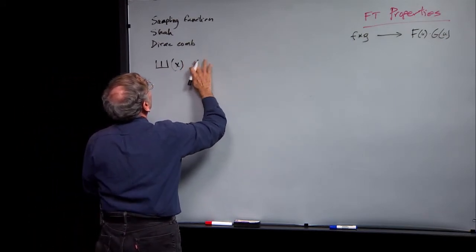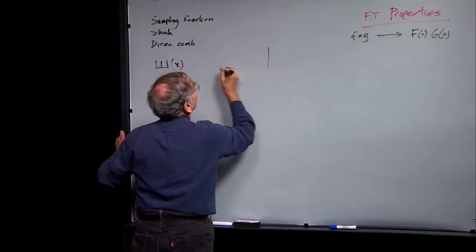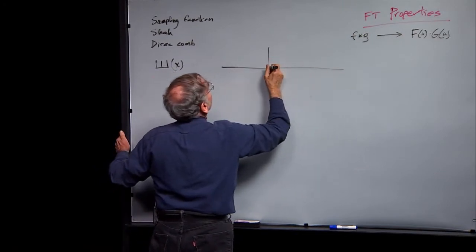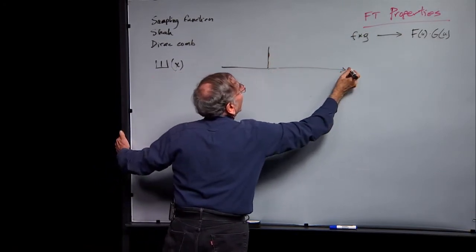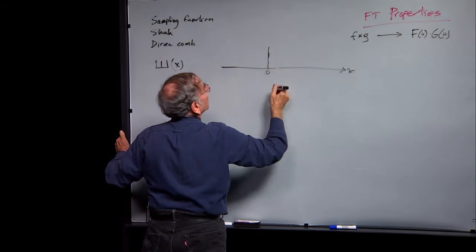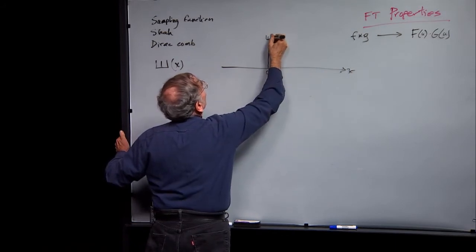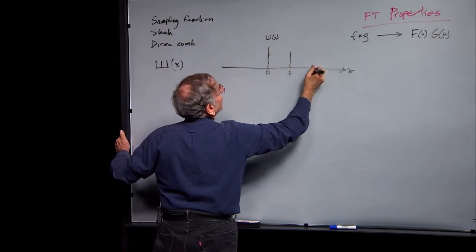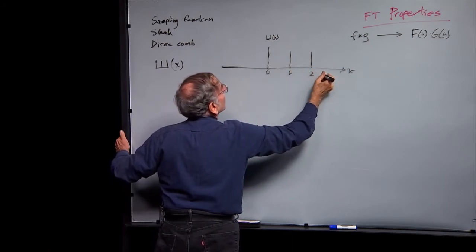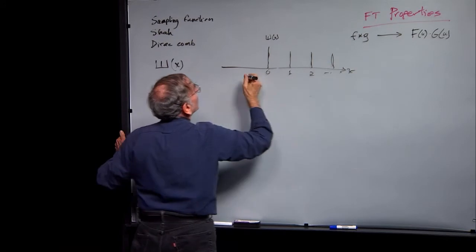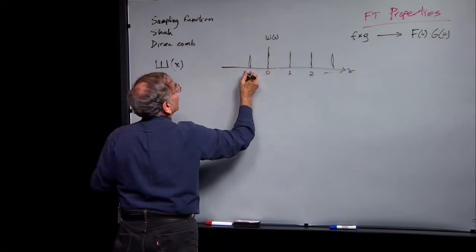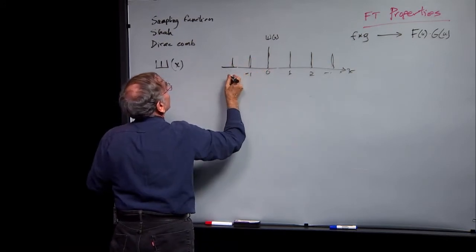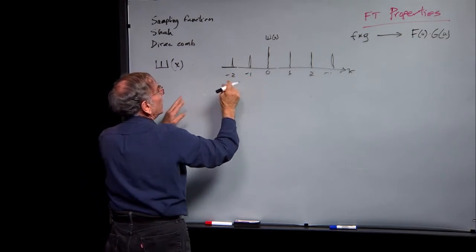As you'll see in a minute, Shah of x looks like this. There's a delta function at x equals 0. This is Shah of x. There's a delta function at x equals 1. There's a delta function at x equals 2, and so on. And there's also a delta function at x equals minus 1, delta function at x equals minus 2.